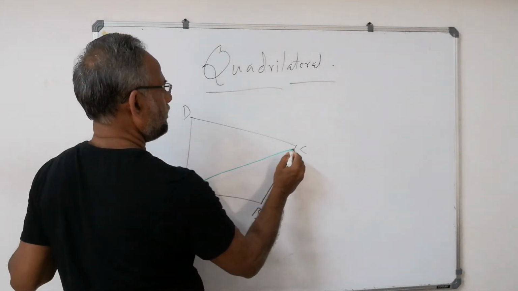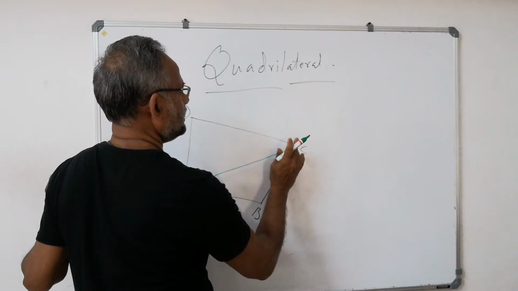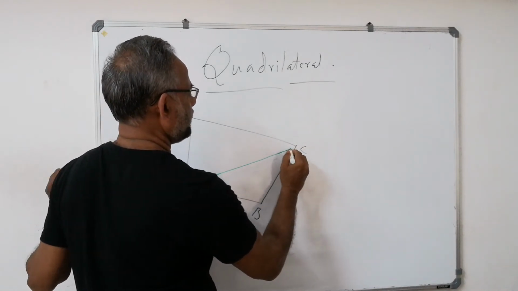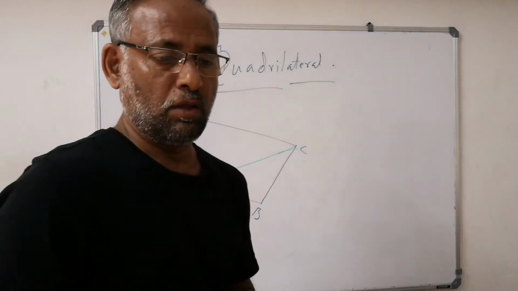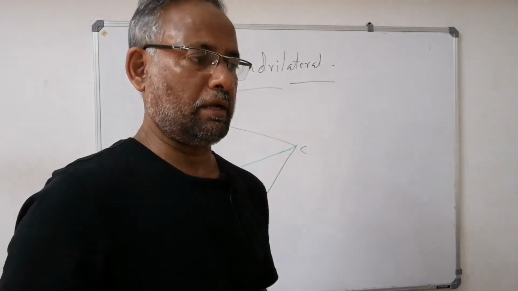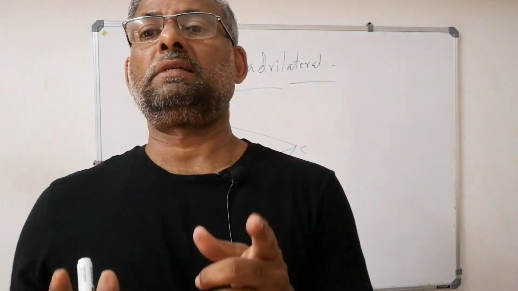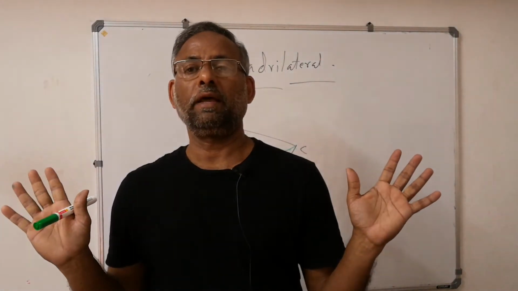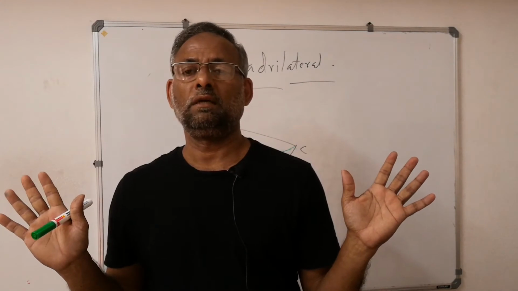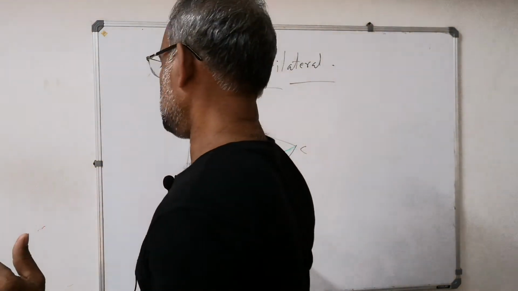Tell me. Only one? No. Two diagonals are there for a quadrilateral. For a triangle, how many diagonals are there? Triangle has no diagonals. For a quadrilateral, two diagonals are there. You are getting two triangles.